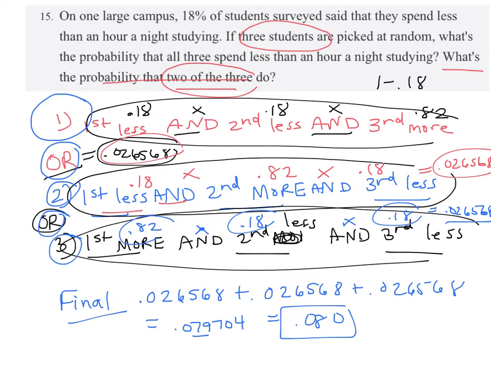Now the solutions do represent it in a different format, but the math is really the same. They multiplied by 3, and so I want you to see where that's coming from. Let's look at this on a different page. They showed 3 times 0.18 times 0.18 times 0.82 equals approximately 0.080.